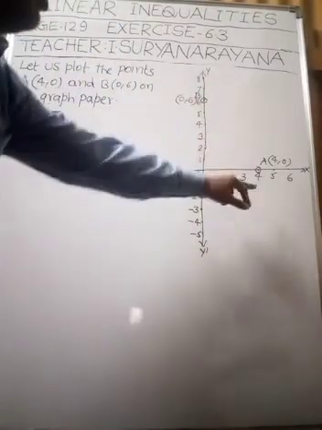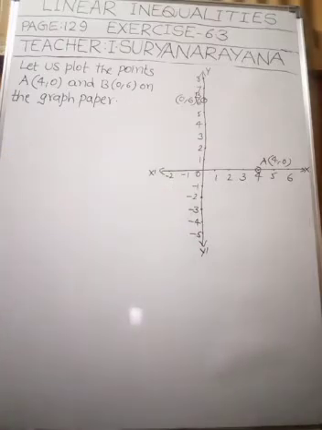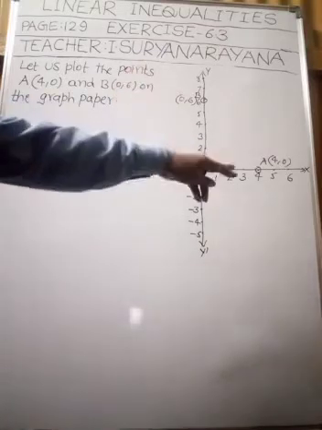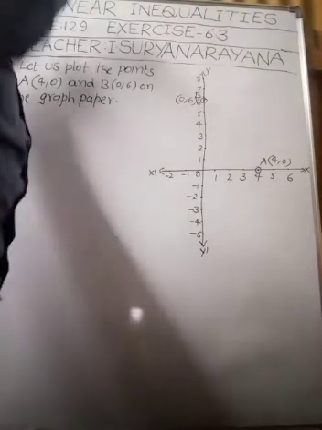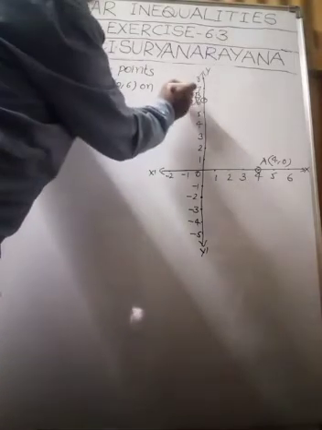Now we have to join these 2 points by using a ruler, by using a scale. We have to join these 2 points with a thick line. Do you remember that point, my children? Yes, we have written that statement. So draw the line.